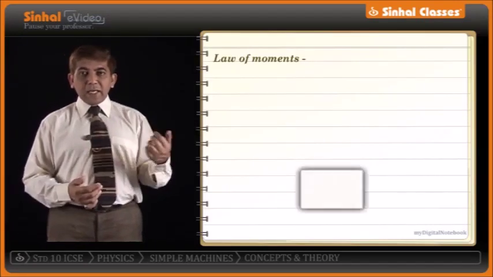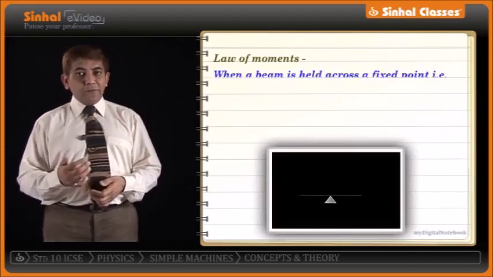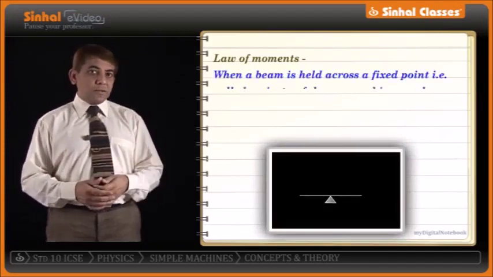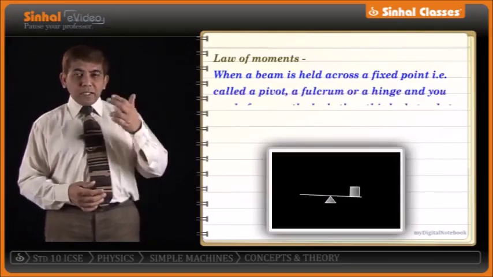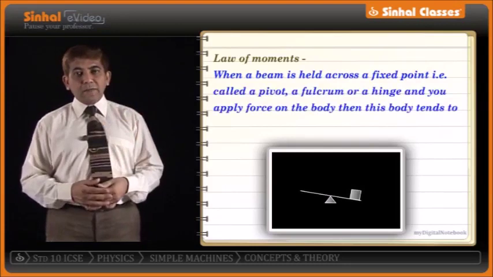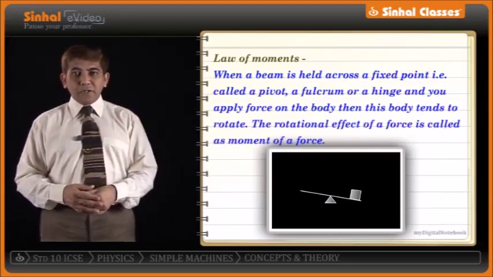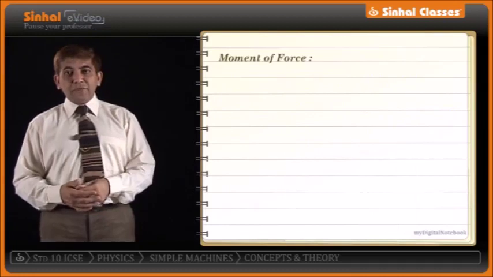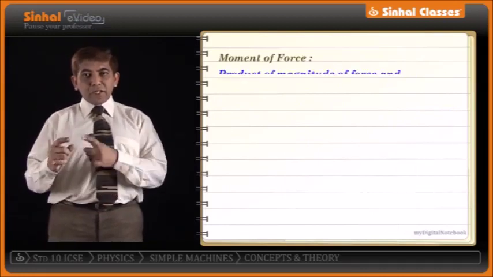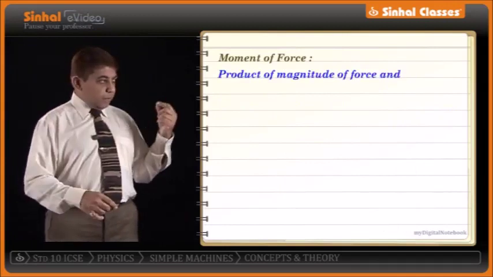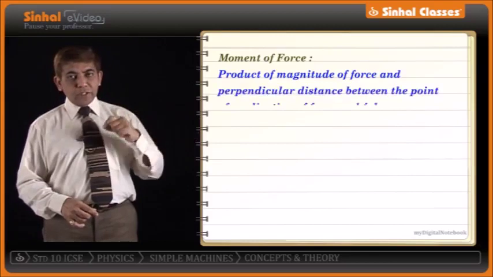So when a beam is held across a fixed point, called a pivot, a fulcrum or a hinge, and you apply force on the body, then this body tends to rotate. The rotational effect of a force is called the moment of a force. And we define moment of force as the product of the magnitude of force multiplied by the perpendicular distance between the point of application of force and the fulcrum.